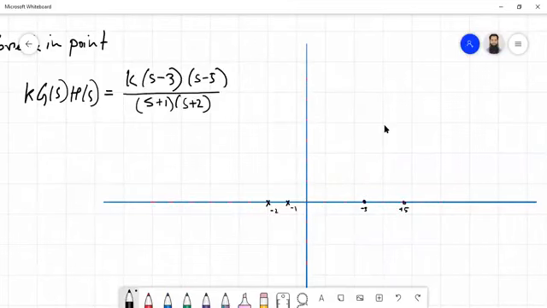So by looking at this equation, if you try to plot the root locus, the formula for the real axis segment says that the segment that is to the left of an odd number of poles and zeros is on the root locus. So based on that formula, basically this portion is on the root locus, as well as this one.